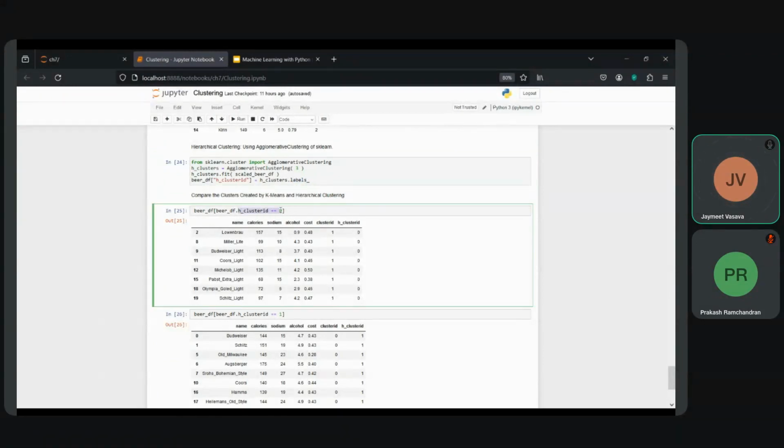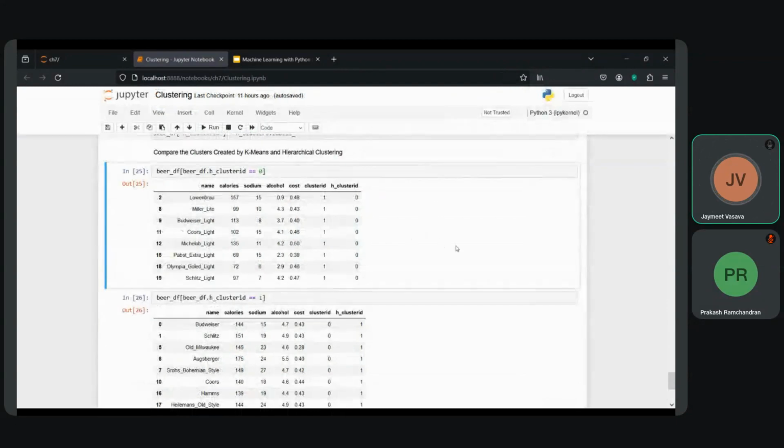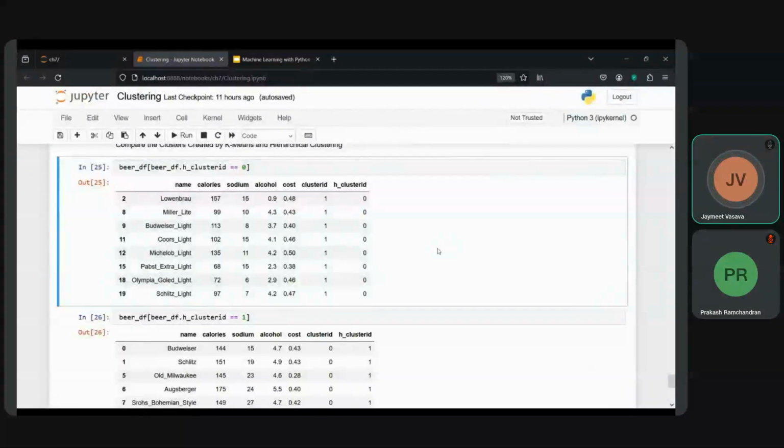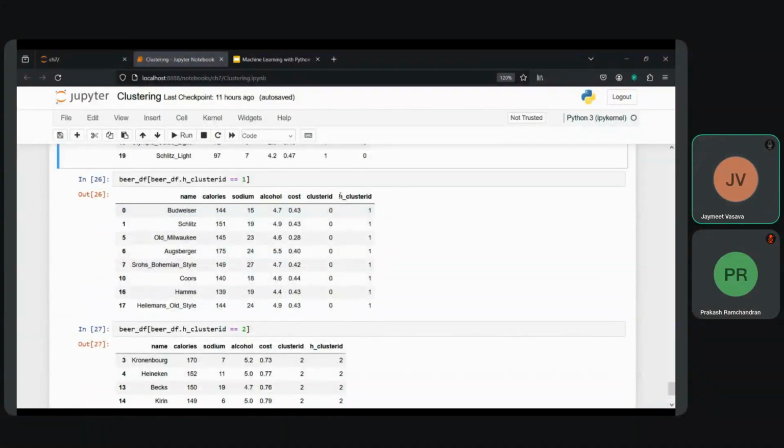So for hierarchical cluster ID 0, these are the records that show up, and the respective cluster ID is 1. And for hierarchical cluster ID 1, the corresponding normal cluster ID is 0.